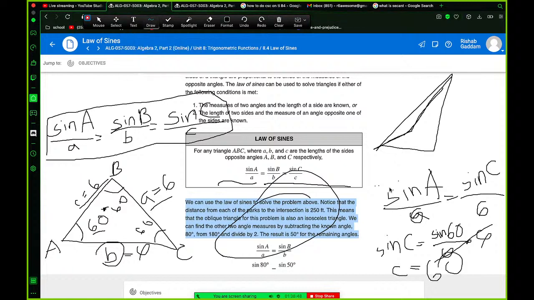You see that? Yeah. So we have the measure of angle A, and that's 60. So you just replace A with 60 because we know the measure of angle A. So we just put 60 over there. Oh, yeah, okay, that makes sense. That's also the reason why we know the measure of angle C.